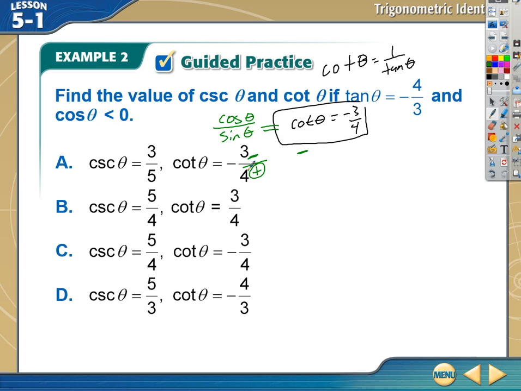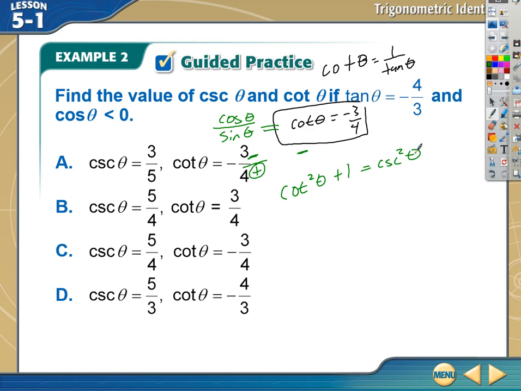So what else do I know? Let's take a look at those different things that are up there. Well, I might be able to figure out something about cotangent squared theta, right? Let's see here. Plus 1 is equal to cosecant squared of theta. Okay, that's another thing that I know. Hey, look, I know what cotangent is. I know how to add 1.